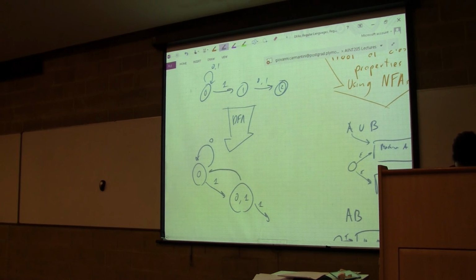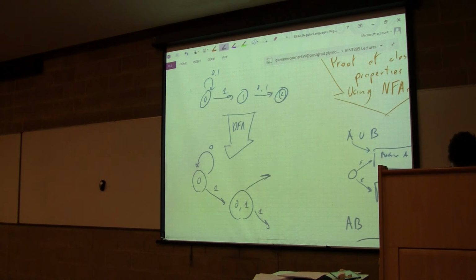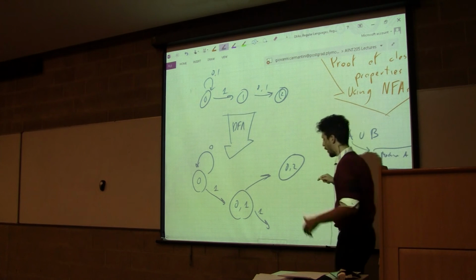From state 1, if I do 0, I go to 2. Oh, sorry. It shouldn't go back. It should create another state, right? 0 will go to 0. Why is that?